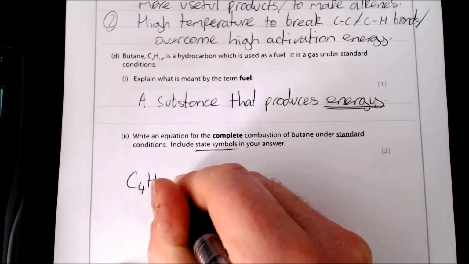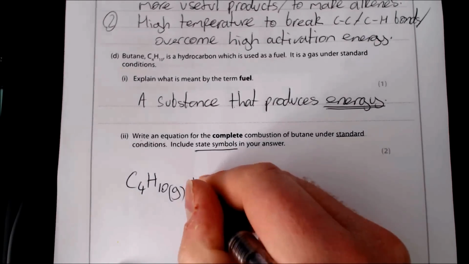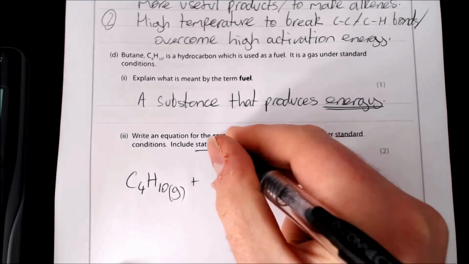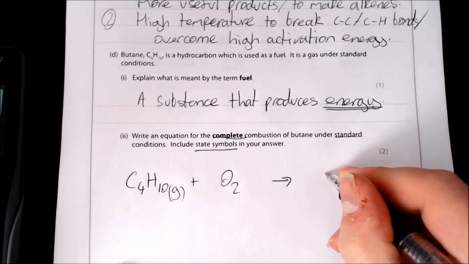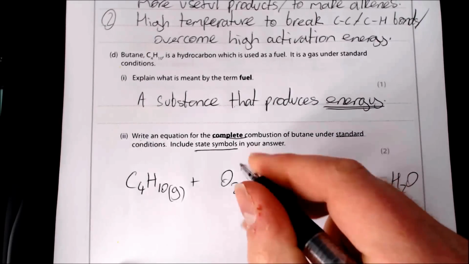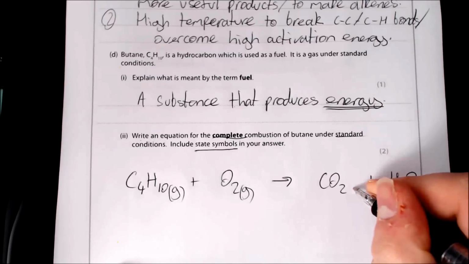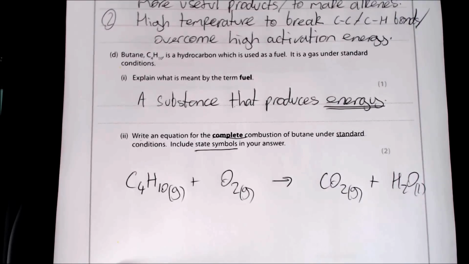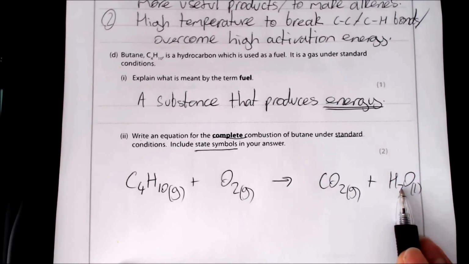Now butane is a gas under standard conditions. We're going to react this with oxygen, and because it's complete combustion, we're going to produce carbon dioxide and water as the standard products. Oxygen is a gas, and so is carbon dioxide, and liquid for water. Not gas. You can't put gas here because it does come out as a liquid.